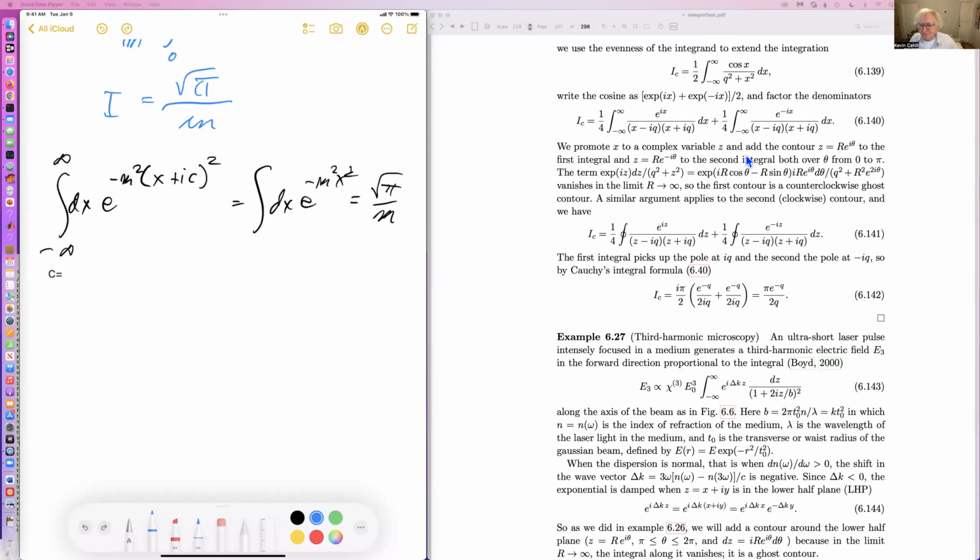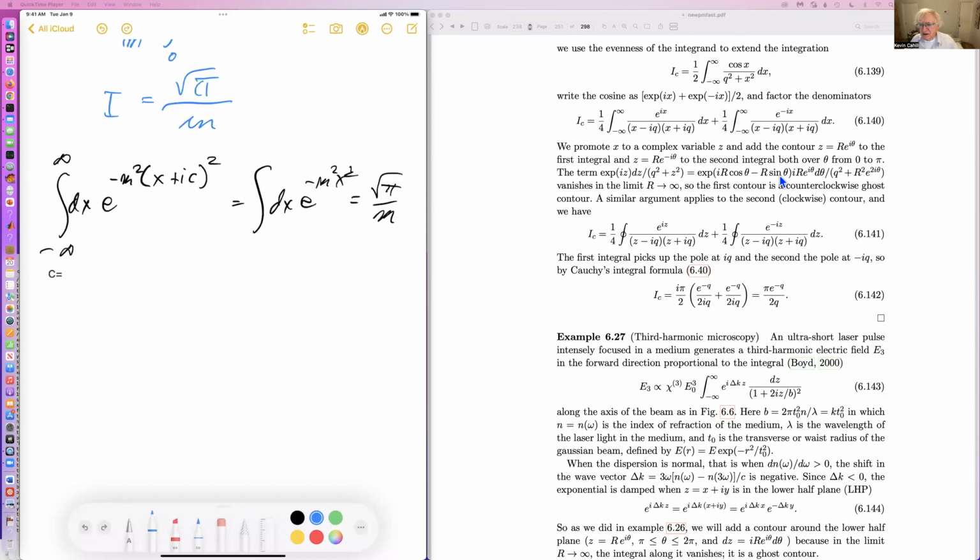But in fact, we now promote x to a complex variable z. We can add the contour r e to the i theta to the first integral and r e to the minus i theta to the second integral. And the reason why we choose one or the other is, you see, the first term, we've got e to the iz dz over that.